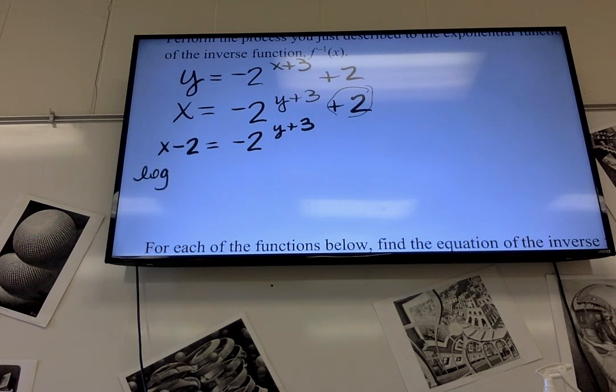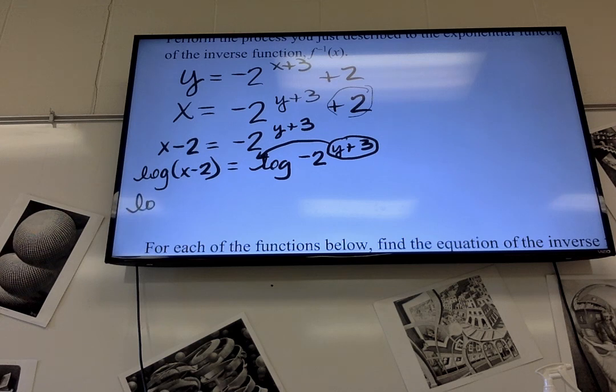So you have the log of x minus 2 equals the log of negative 2 to the y plus 3. So our whole point in doing that was to get this, and put it in front of the log. So log of x minus 2 equals y plus 3 times the log of negative 2.